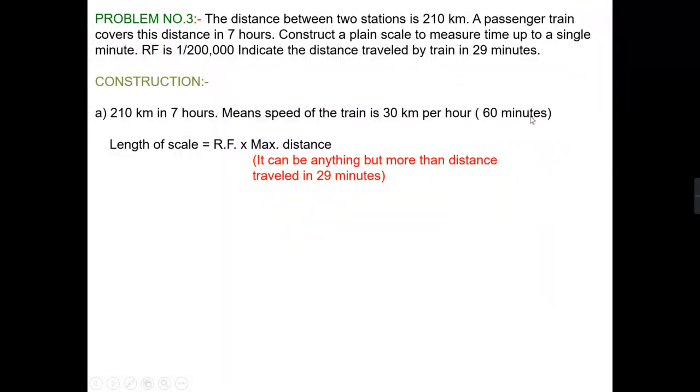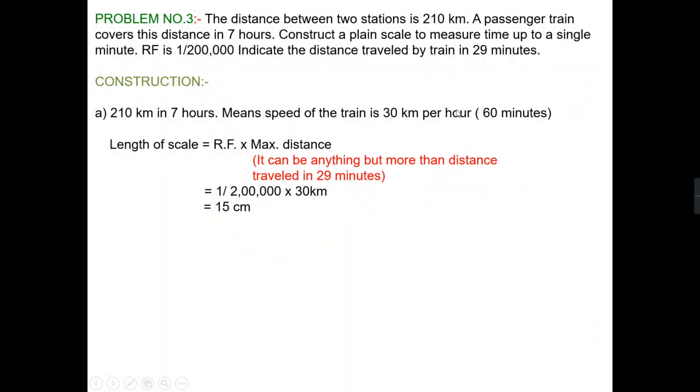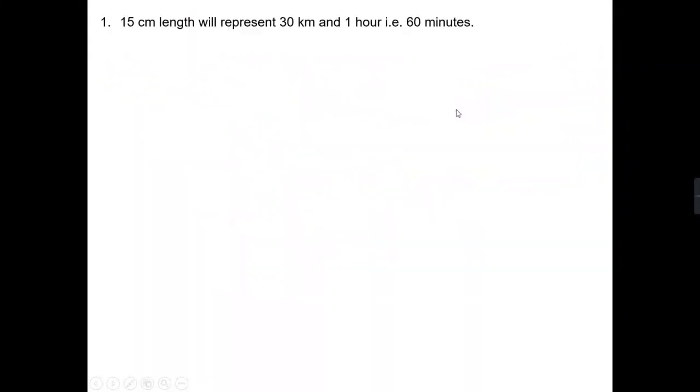So you can also construct a scale of 30 minutes, meaning the maximum length you can also take is 15 kilometers. Here I am taking 30 kilometers, so the length of the scale is coming out to be 15 centimeter.